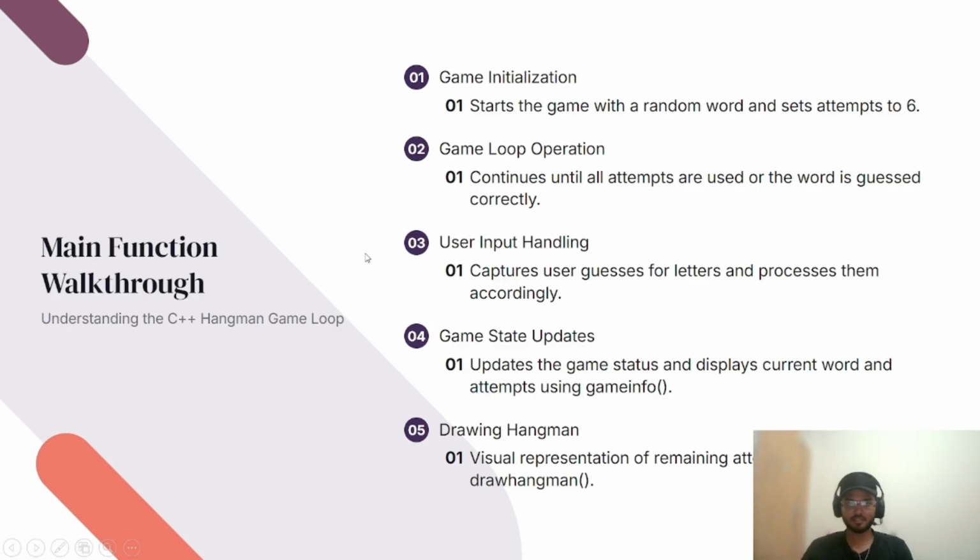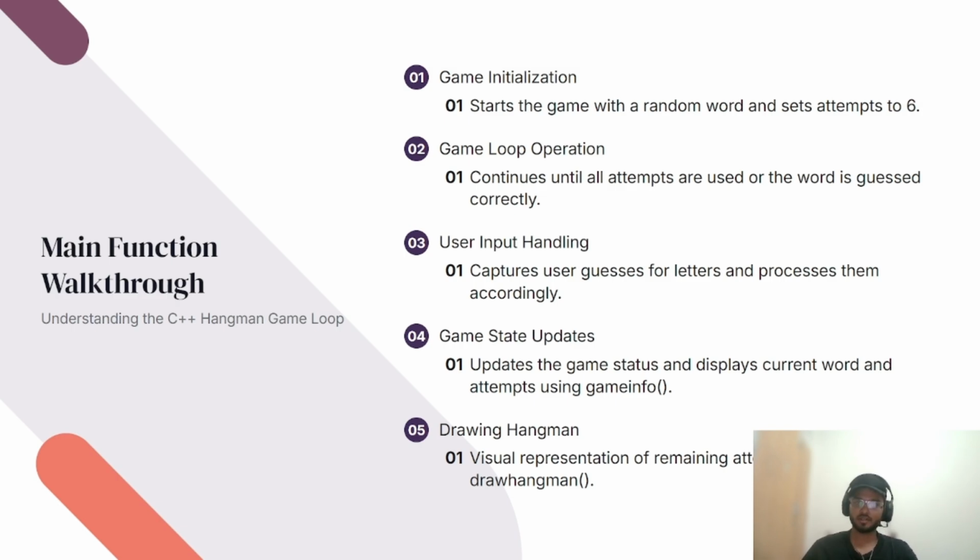So finally, there is the main function. I could say there are five steps in this main function. First, the game initialization. The game starts with the generation of a random word and declaring the attempts of the game as 6. Then I generate a loop which will continue unless the game ends by guessing the correct word or running out of attempts.